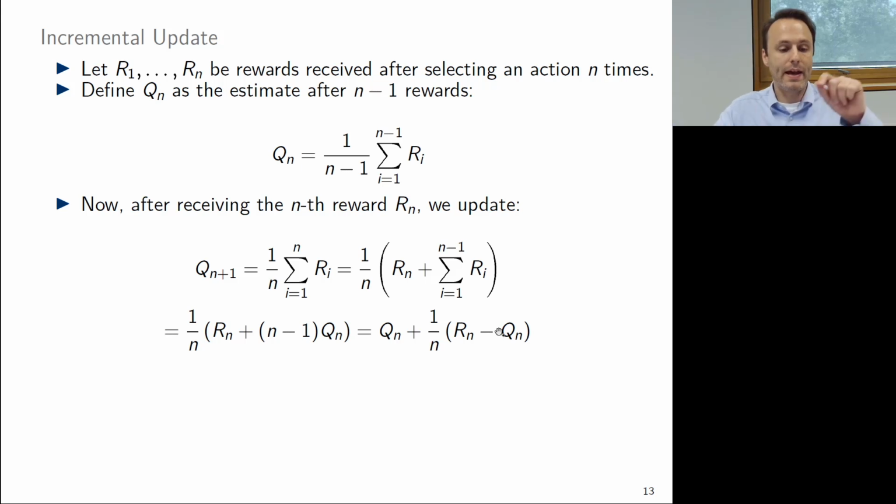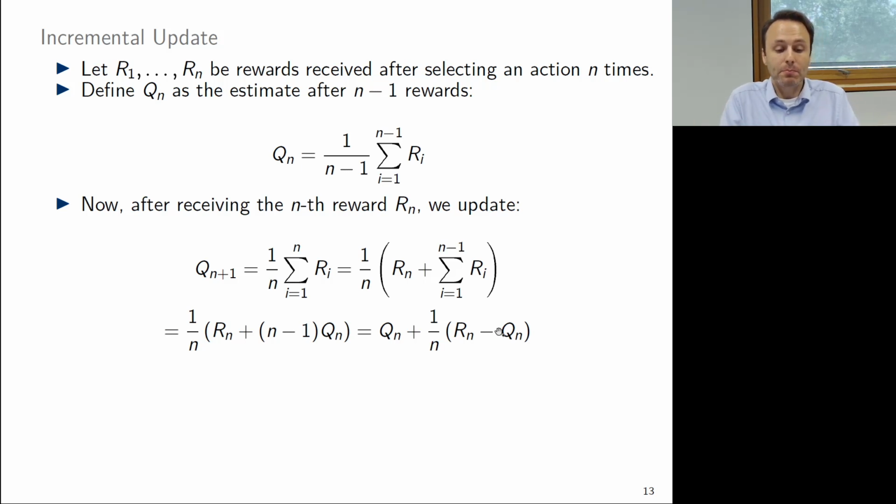And now if you go back to the Qn formula, then we can multiply both sides by n minus 1. And then we see the right-hand side turns out to be the same sum that we have in the Qn plus 1 formula. And we plug it in. Then we have 1 over n times Rn plus n minus 1 times the Qn, with the correct parentheses, of course.